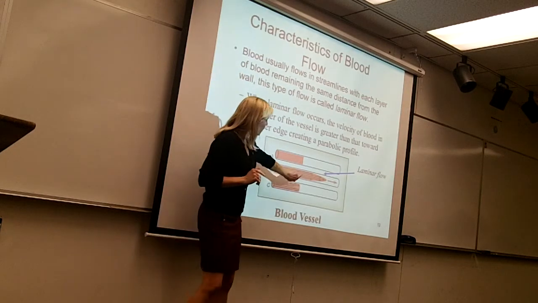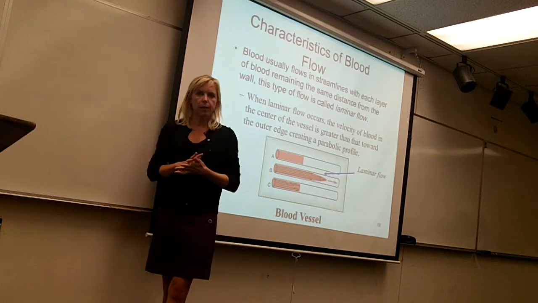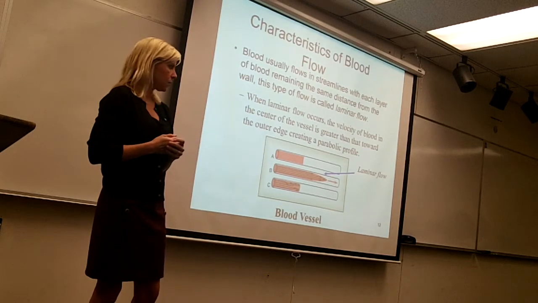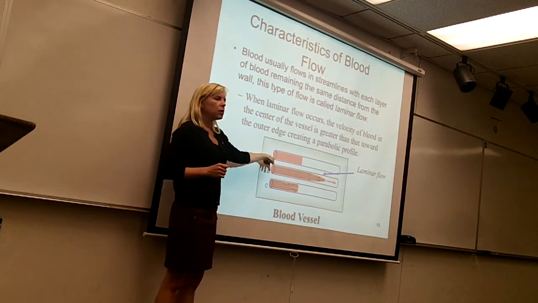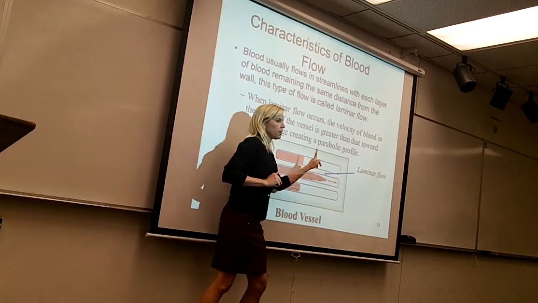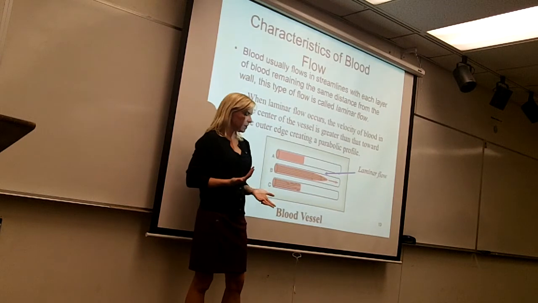So the idea is the blood that's more in the center will have the fastest rate of flow, with less turbulence and less resistance. In letter A, you are seeing that blood will only flow if there's a pressure change along the length. We are not seeing any flow because there isn't any pressure difference.